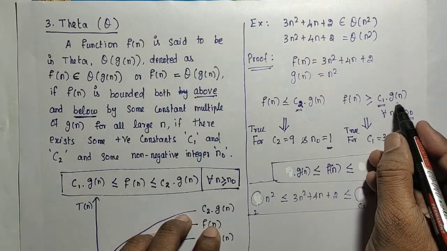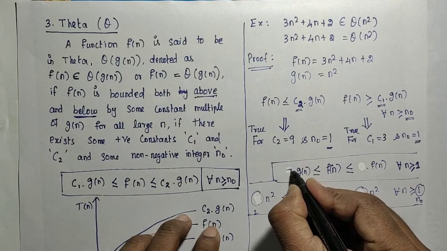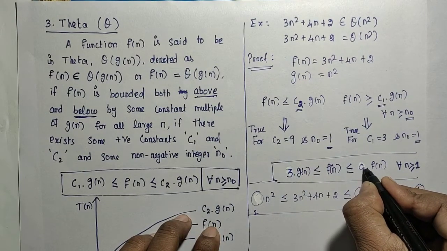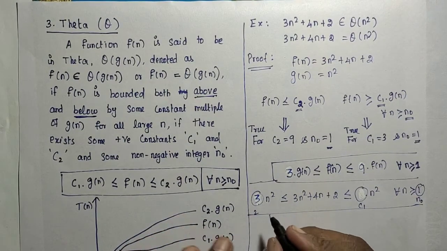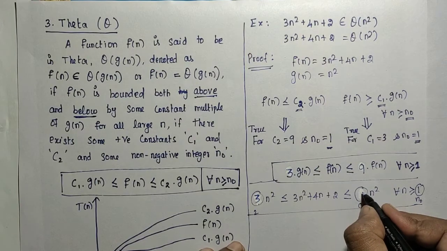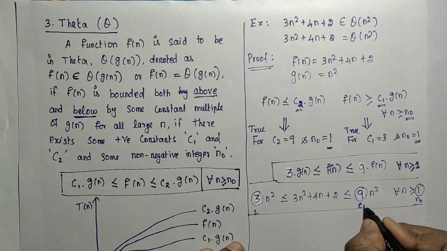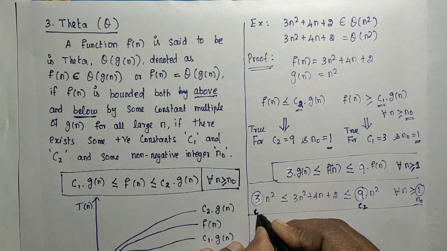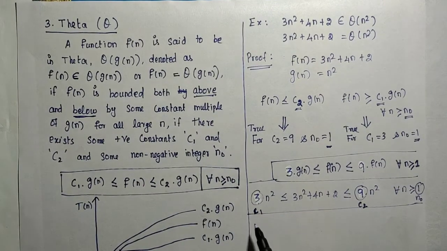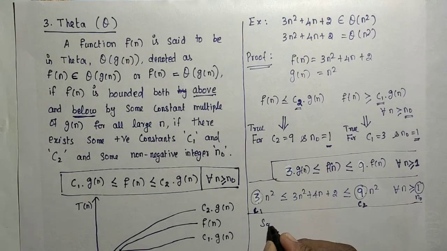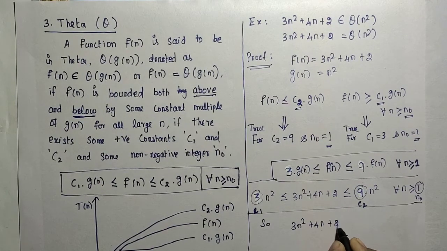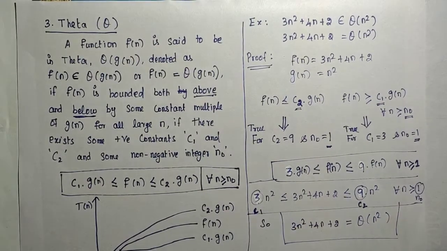So this is C1 and this is C2. So for this C1, C2 and n naught value the condition is true. So 3n squared plus 4n plus 2 belongs to Theta of n squared. Like that I can prove it.